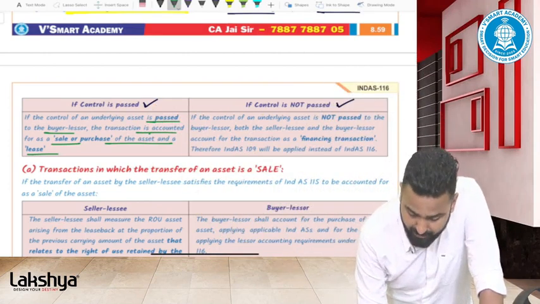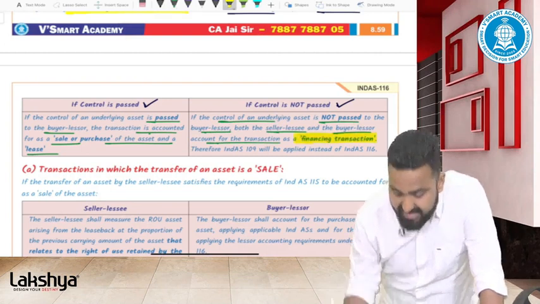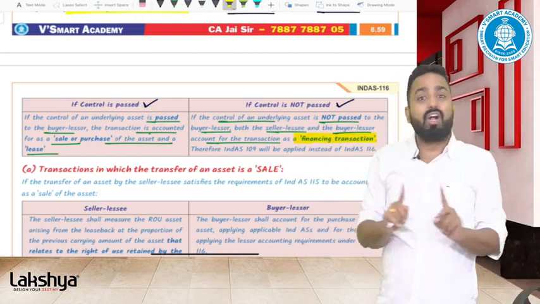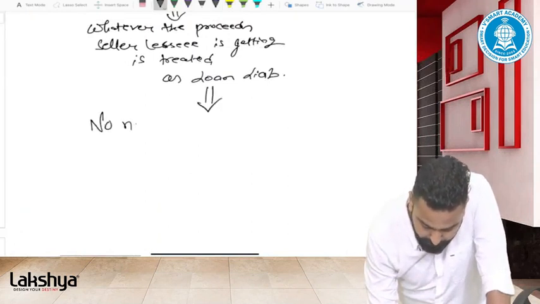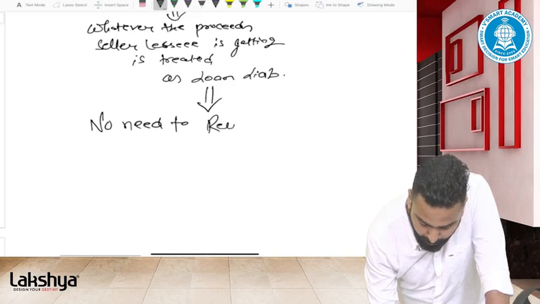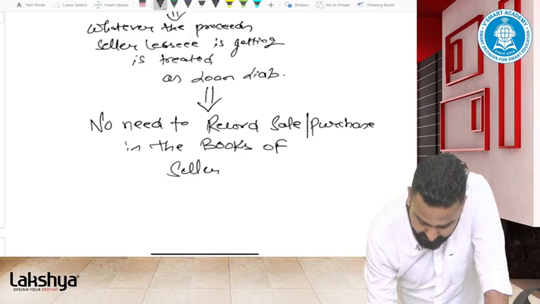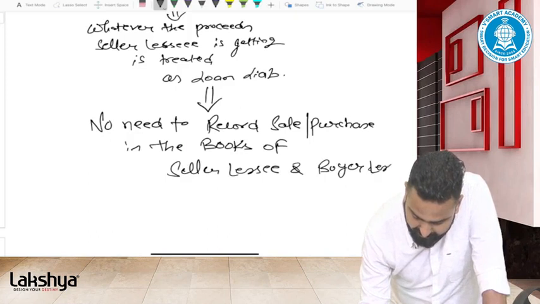If control is not passed to the buyer lessor, both the seller lessee and buyer lessor account for the transaction as a financing transaction. See guys, financing transaction means loan transaction. No need to record the sale and purchase in the books of seller lessee and buyer lessor.